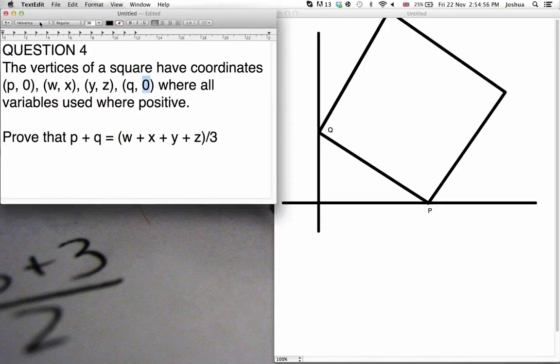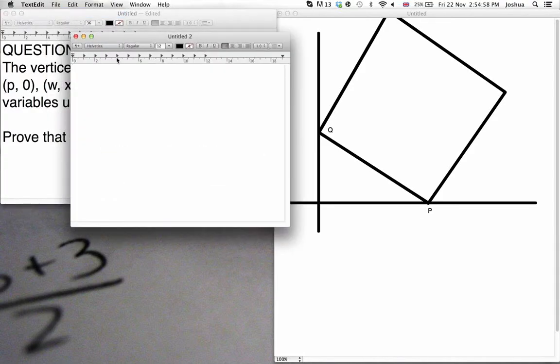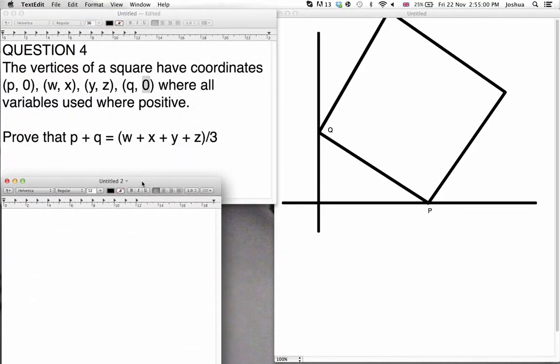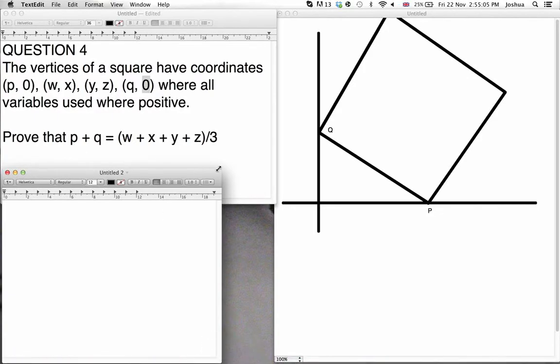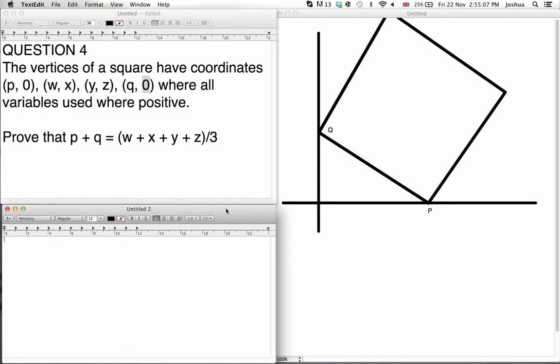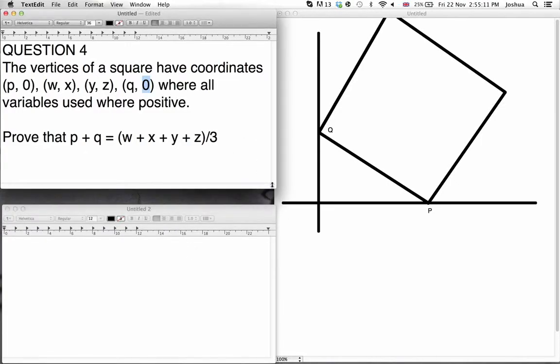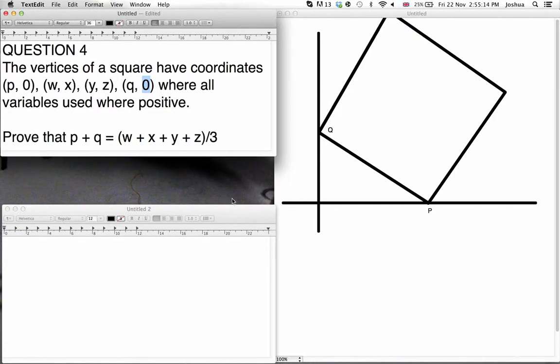Today it's not good. File, new, go down there. Don't destroy Microsoft Word. It's a good software, guys. Okay, let's do this. Don't need this to be so big. It's just a question we need to prove.